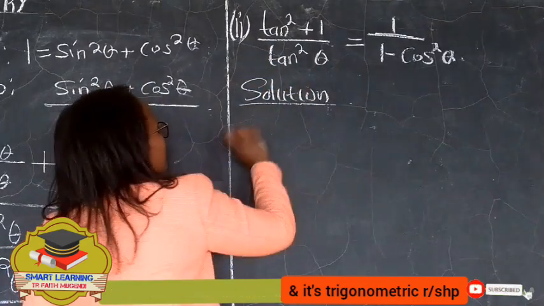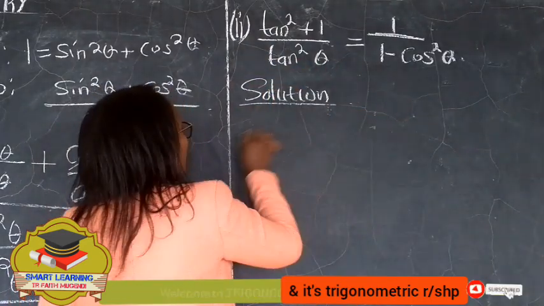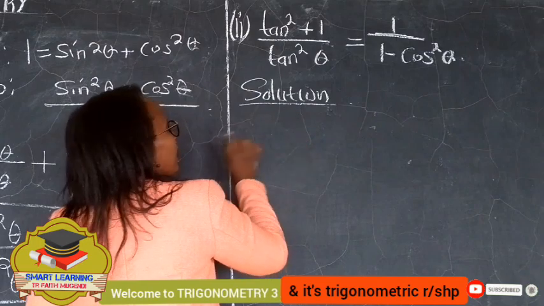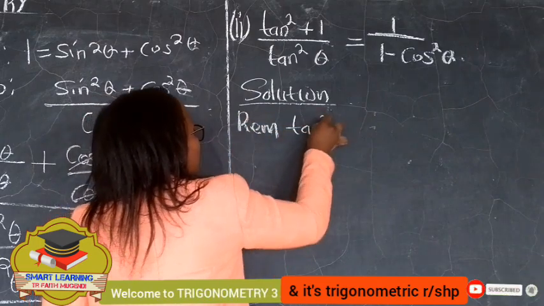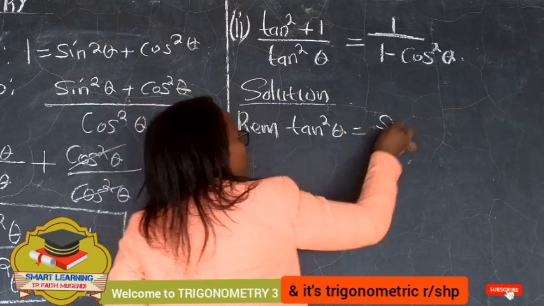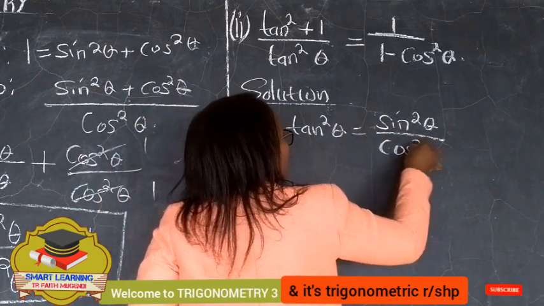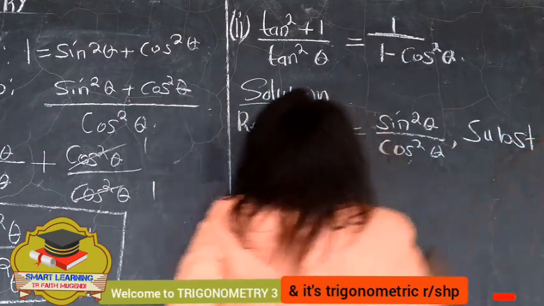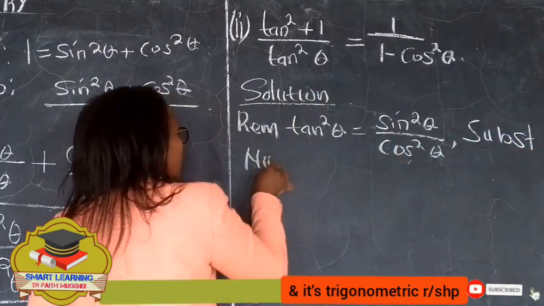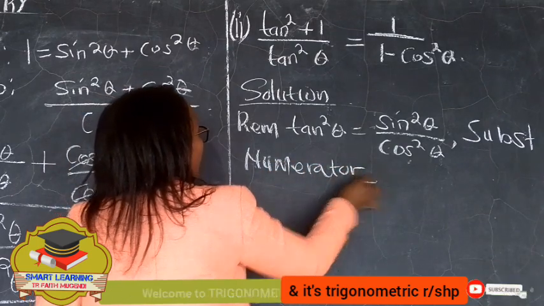In this case, I have decided to take the left hand side. So again, if we remember that tan squared theta is equivalent to sin squared theta over cos squared theta, and now substituting in the numerator, what do we have?